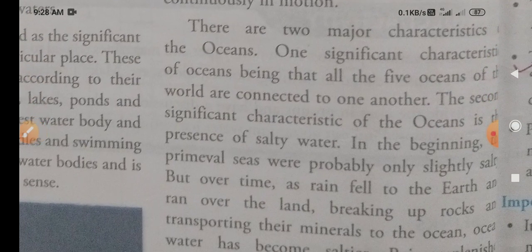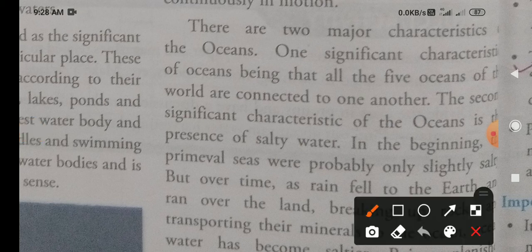Let's read. There are two major characteristics of the ocean. One significant characteristic is that all the five oceans of the world are connected to one another. That is very important. Please try to keep it in your memory. All the oceans are connected to one another. You may be thinking that the oceans are separated from each other.